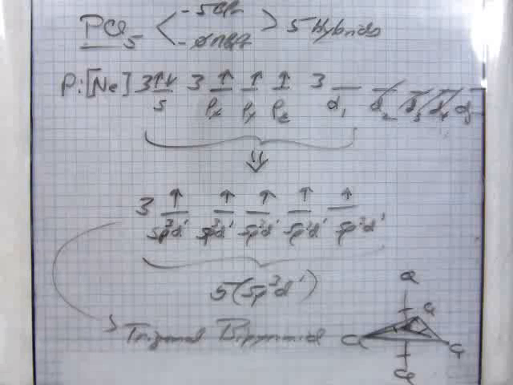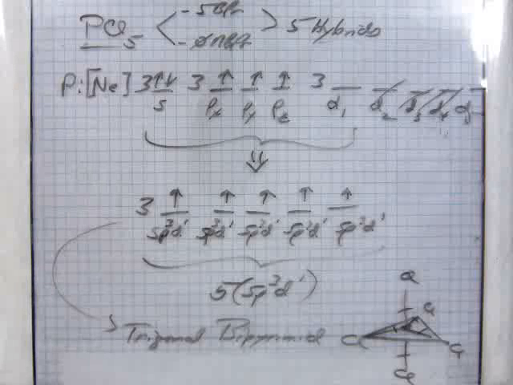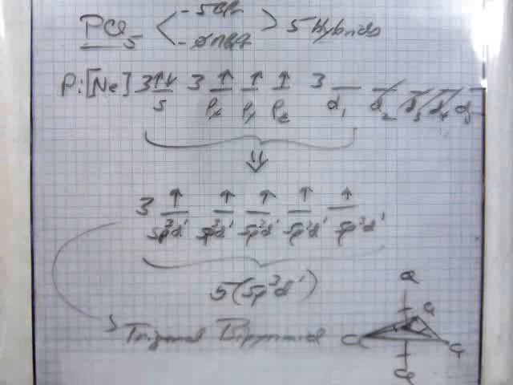So we have an AX5 parent, equal to the geometry. Geometry and parent are the same.